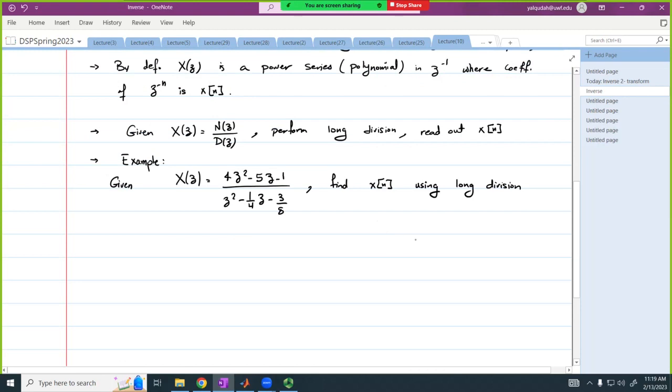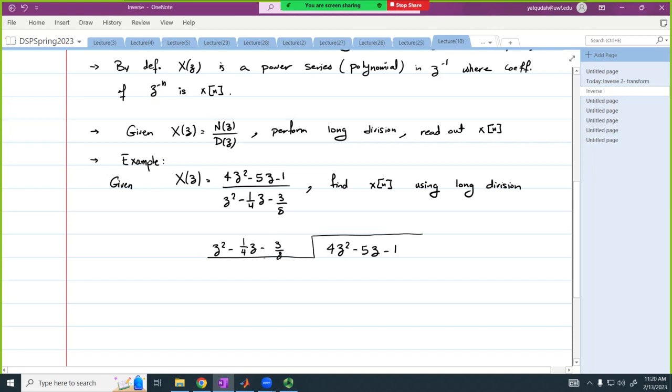So what we do, we come here, we're going to take the numerator, divide by the denominator. We have 4z squared minus 5z minus 1 divided by z squared minus 1 over 4z minus 3 over 8.